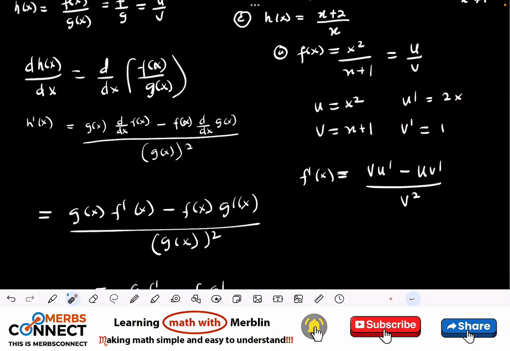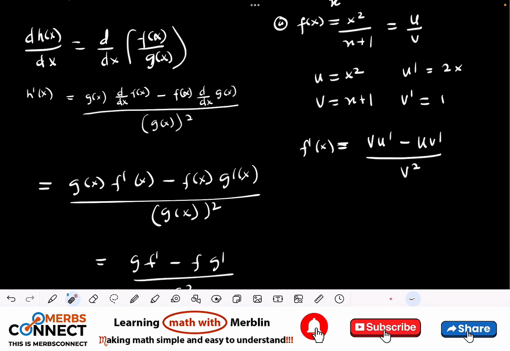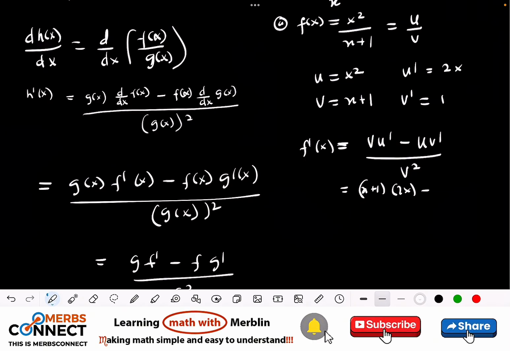Then all I need to do is, I know that f prime is equal to this. So the rest is substitution. v is this, u prime is this, u is this, v prime is this, divided by v of this squared. So I'm just going to have x plus 1 times 2x minus x squared times 1 divided by x plus 1 squared.